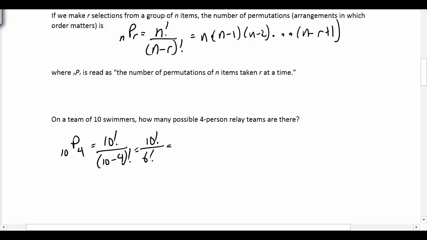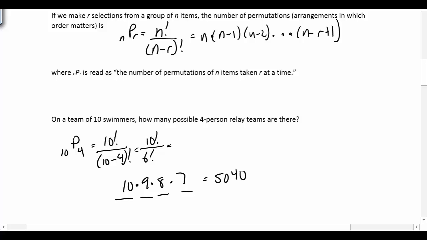For us, that just simplifies down to 10 times 9 times 8 times 7. So we've got 4 different positions. There are 10 options for the first one, 9 for the second, 8 for the third, and 7 for the fourth. Works out to be 5,040.